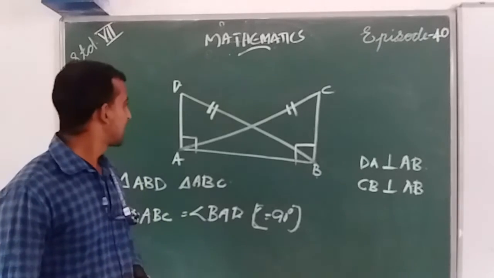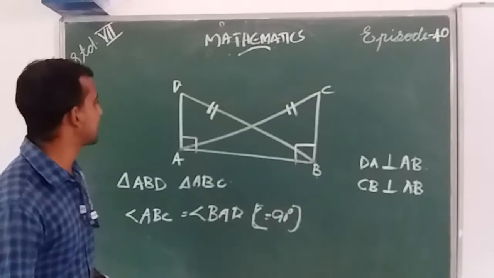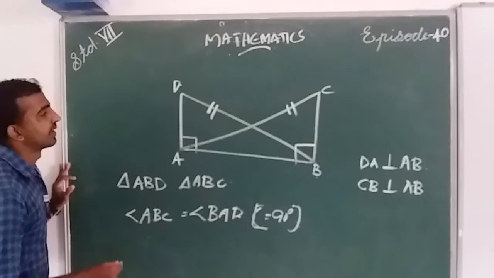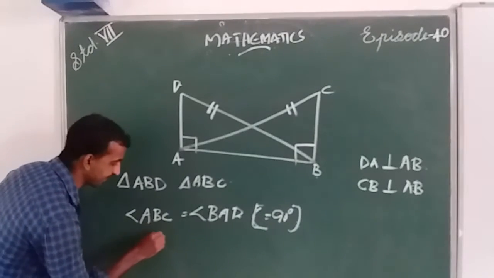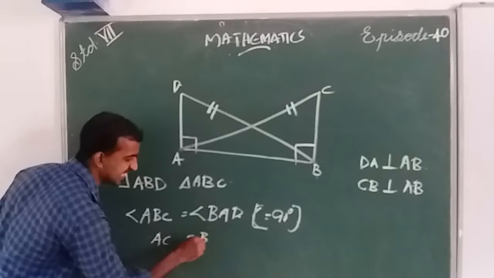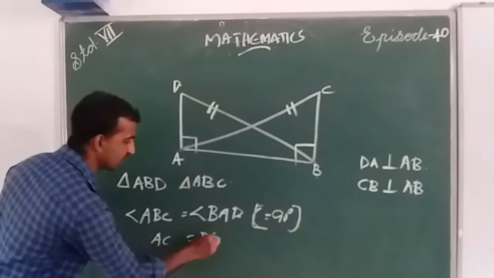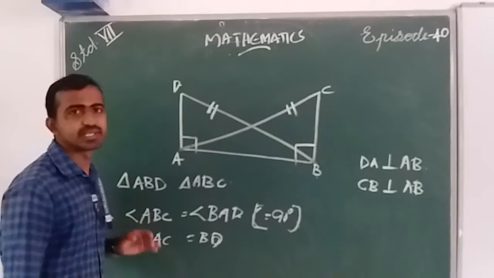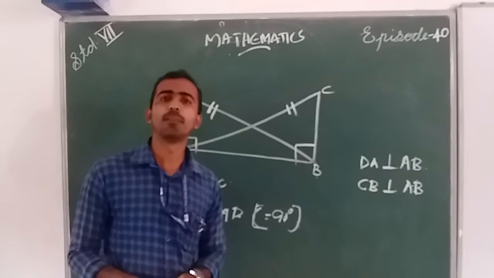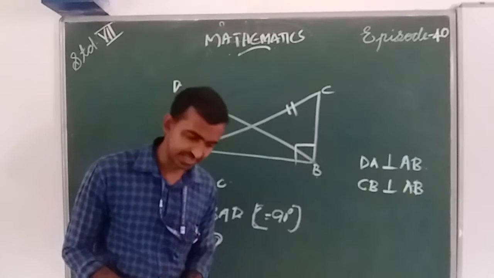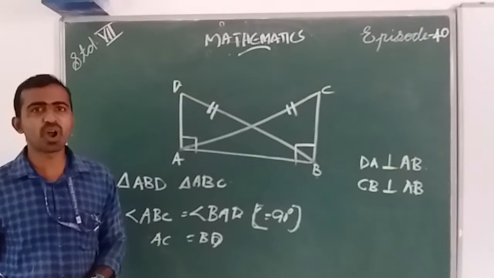And next, according to the question, BD equal to AC, or AC equal to BD.